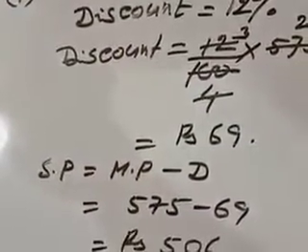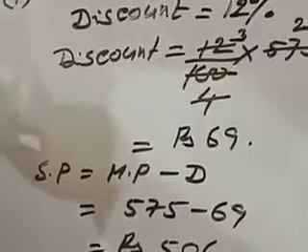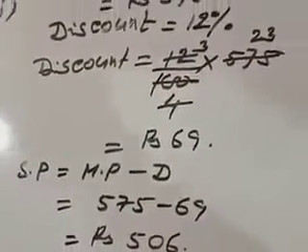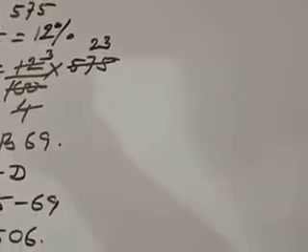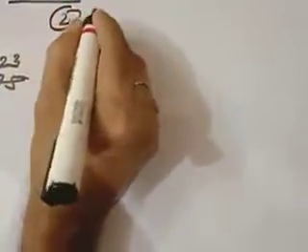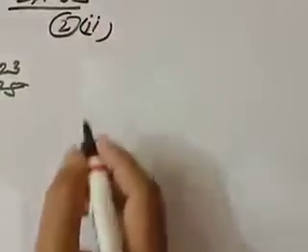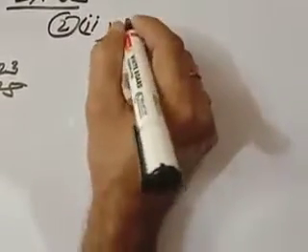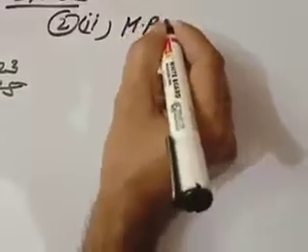Now question number 1, point number 2: find the discount and discount percentage. It is given the advertised price. Advertised price means it is the mark price only, so instead of advertised price we can write mark price.